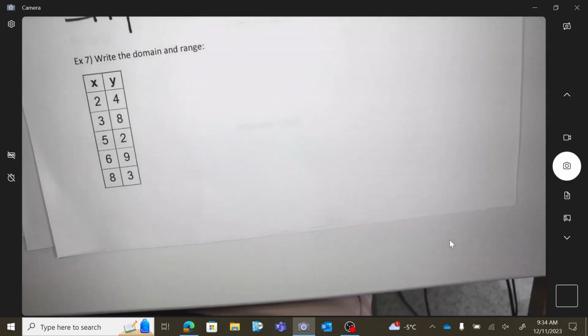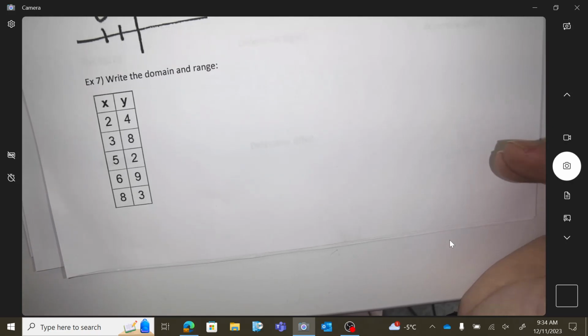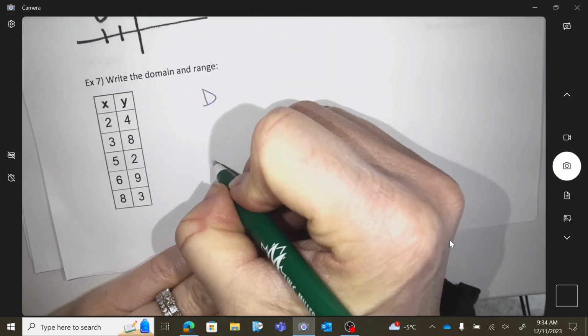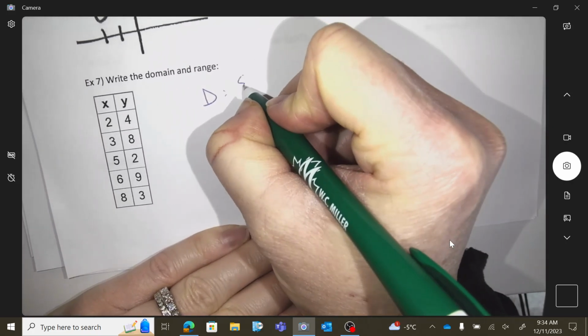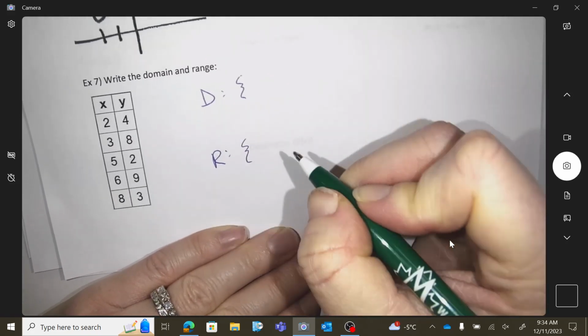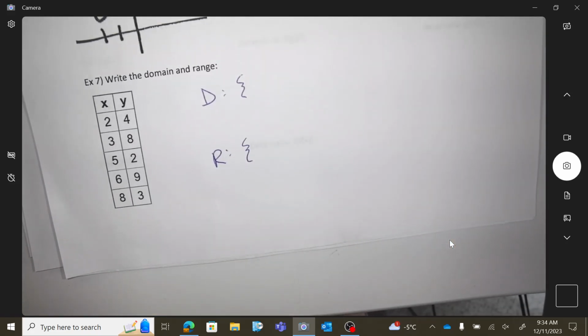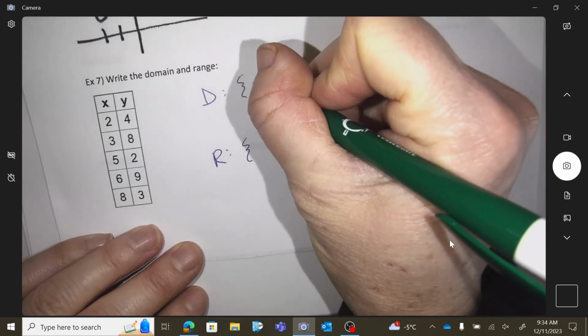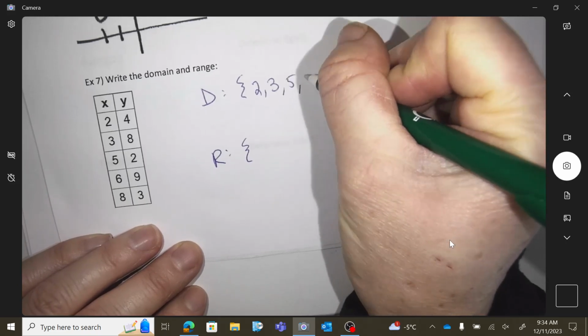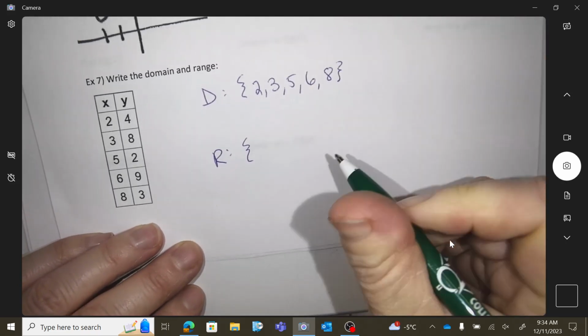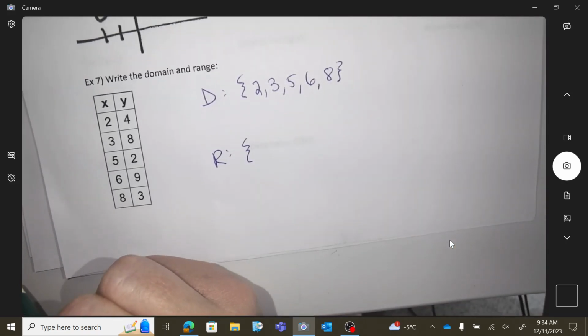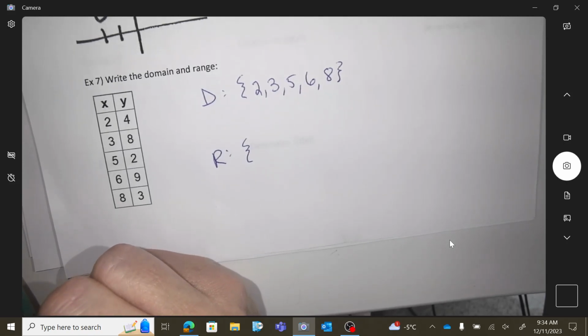Okay, number 7, a few pairs of points. So what do you do when you have just a few pairs of points? You write the examples with squiggly brackets and you list. So for instance, the domain is 2, 3, 5, 6, and 8. And when you write the range, you actually should write them in an order, like lowest to highest.